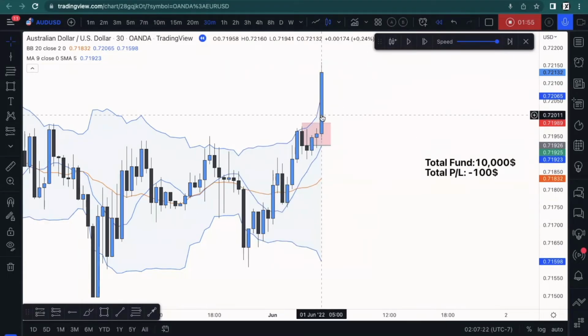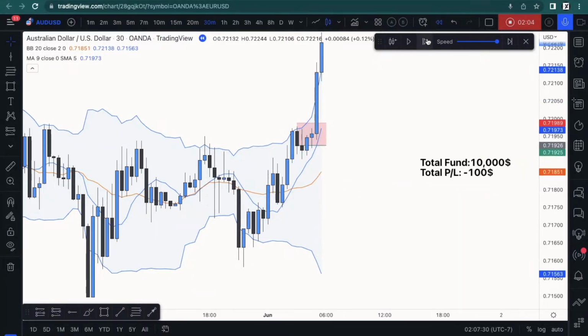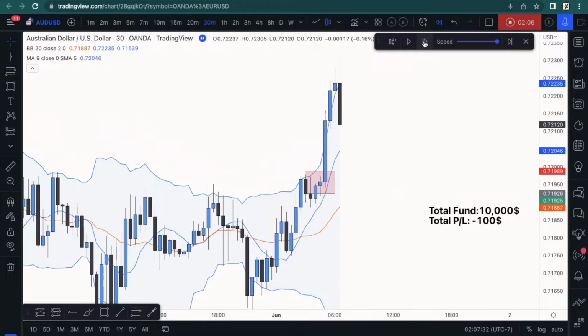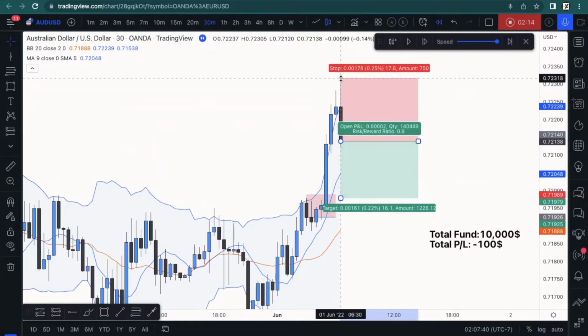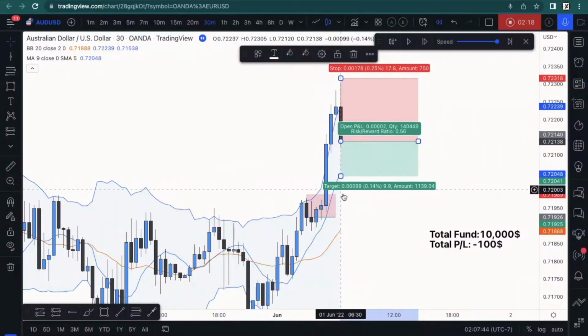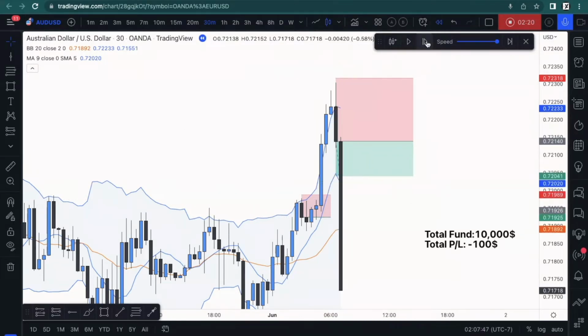Okay, and if you notice, the price has closed above the Bollinger Band, so this could be our next setup. So at this point, price traded inside the Bollinger Band, so this will be our entry. I'm going to put my stop loss just above the swing high, and our take profit level would be the moving average.